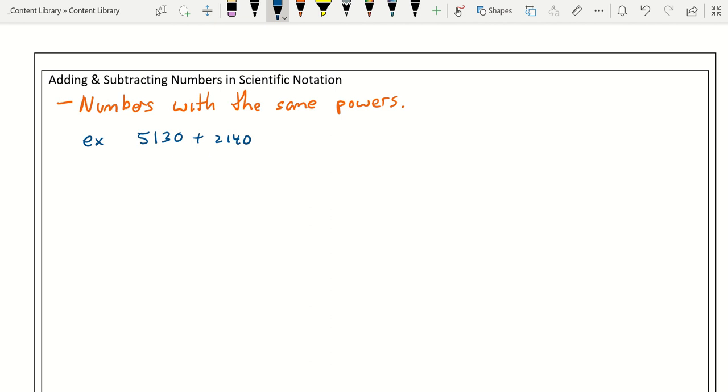Let's convert that into scientific notation first. So that's going to be 5.13 times 10 to the 3 plus 2.14 times 10 to the 3.